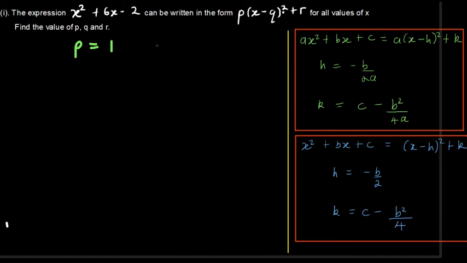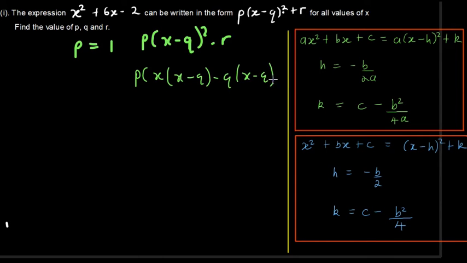We already know it, because if we expand, let's say we expand this, we get x minus q, x minus q, plus r. If we expand this form, we get x squared minus qx plus q squared plus r.